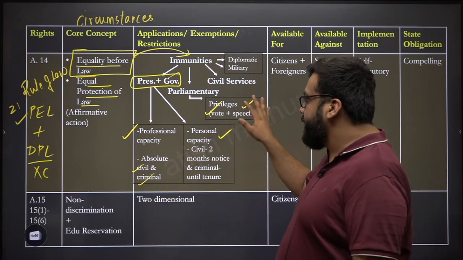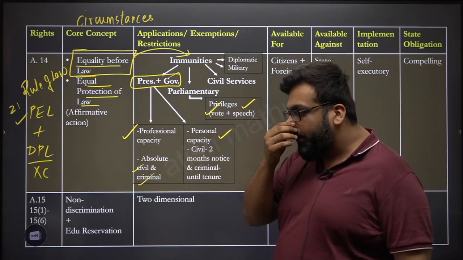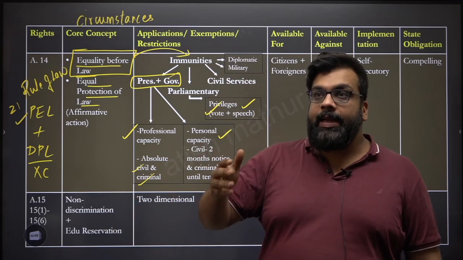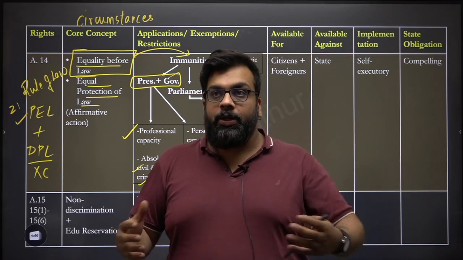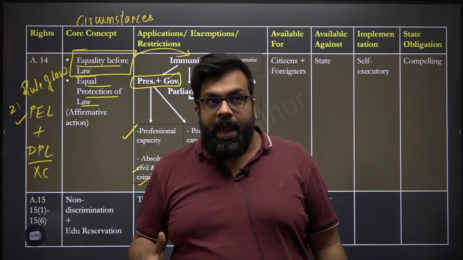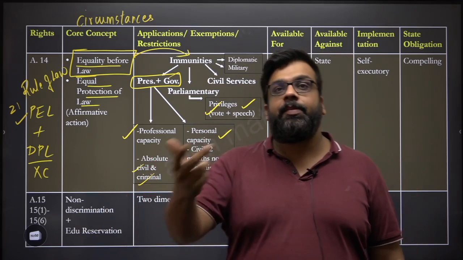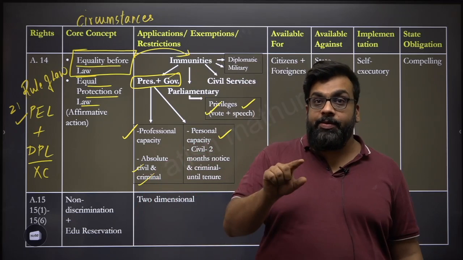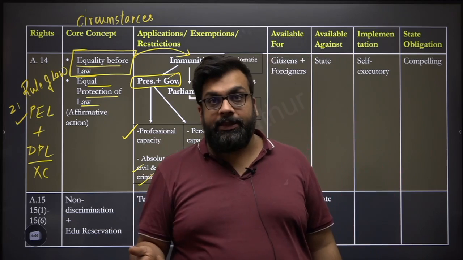Now, this is important. Why is this important? Because ordinarily, if you were standing in a garden talking to a bunch of people and you said something which was defamatory in nature, defamation is something which is a crime, and you may also be liable to pay compensation.